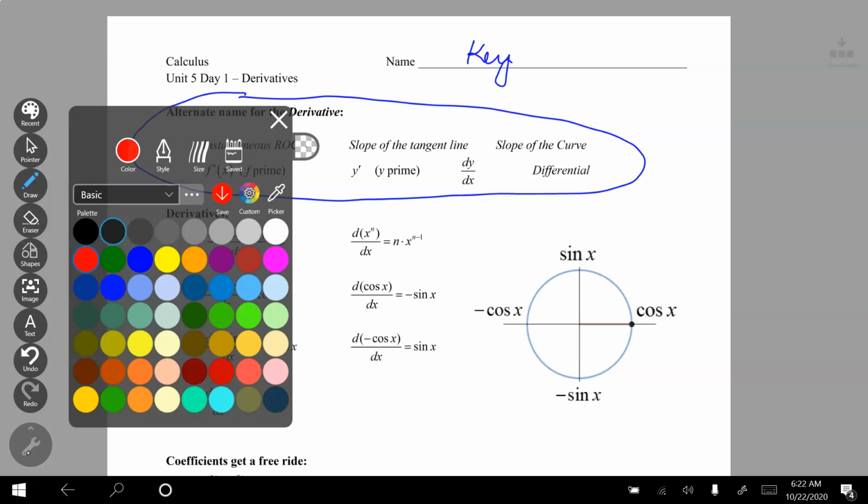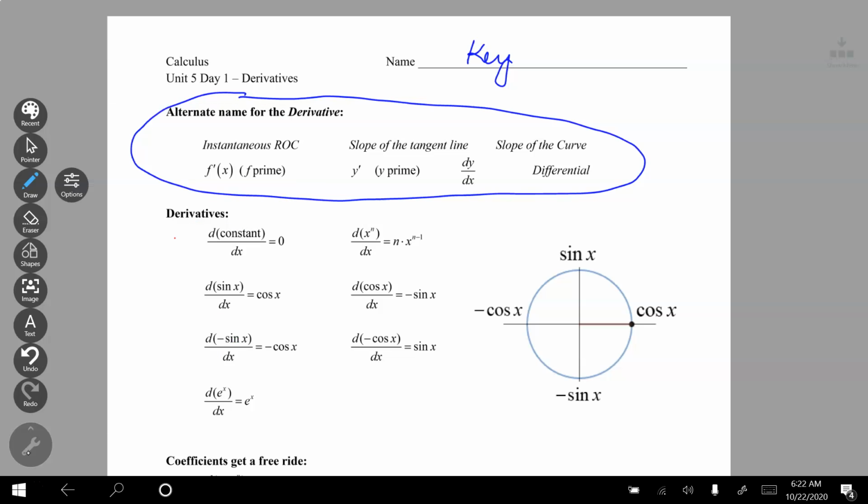And let's look at some of the rules that we already know. And we know this is the power rule. So you better know how to rewrite things.